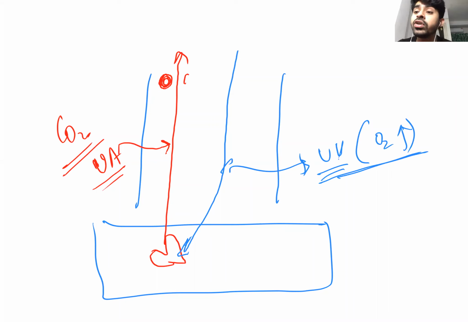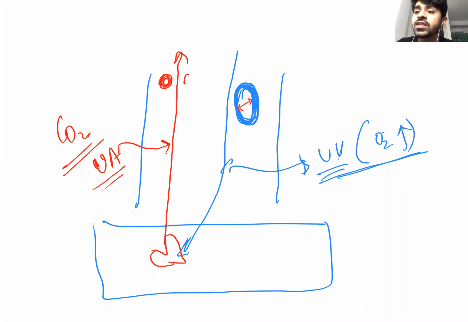Now you tell me, what is the size of the lumen in the pulmonary vein? Small or large? Large, because it is a vein. In the umbilical vein, obviously, as it is a vein, the lumen should be large enough.